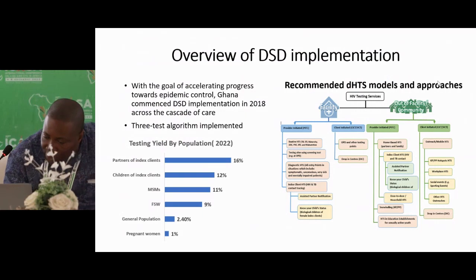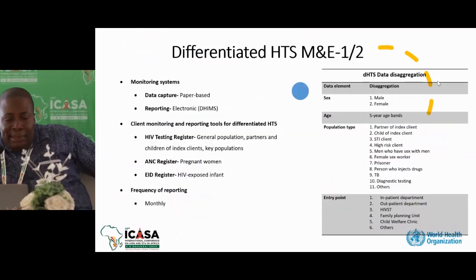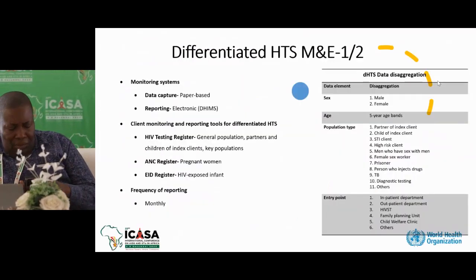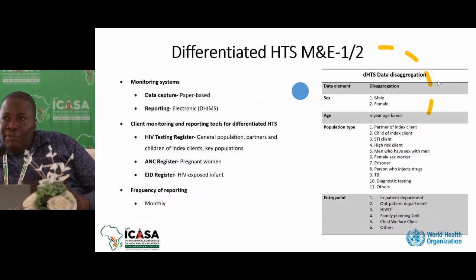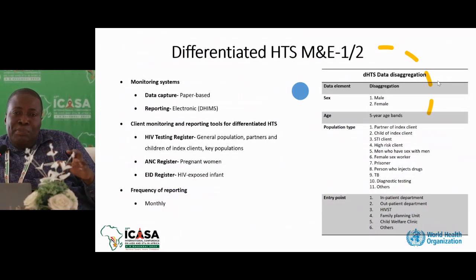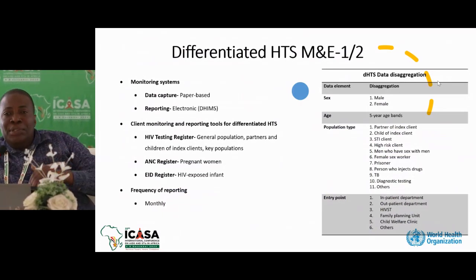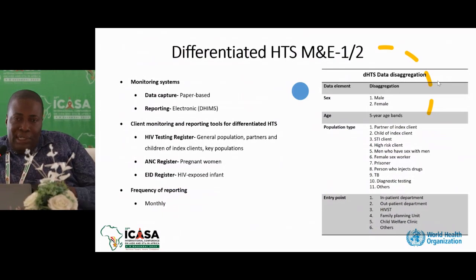It's important to know that when it comes to data collection on differentiated testing, we have a monitoring system that comprises manual, paper-based data collection, but the reporting is electronic through the district health information management system.